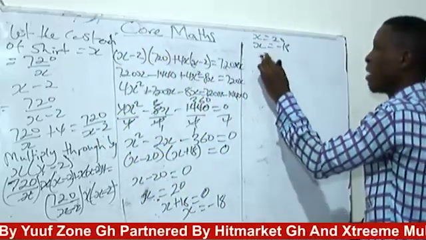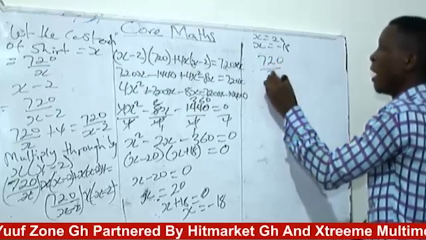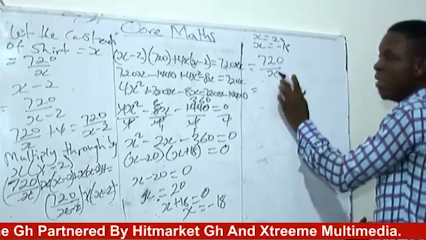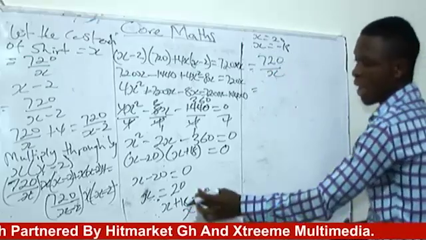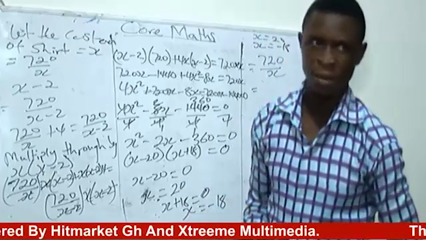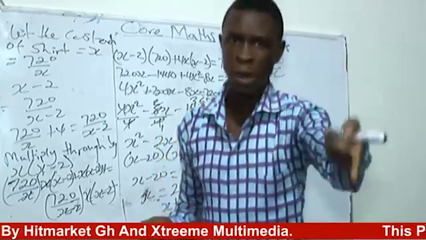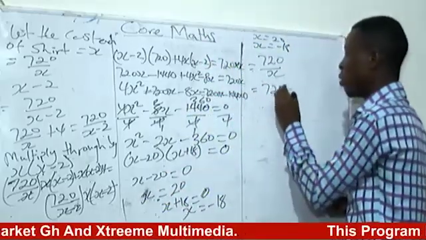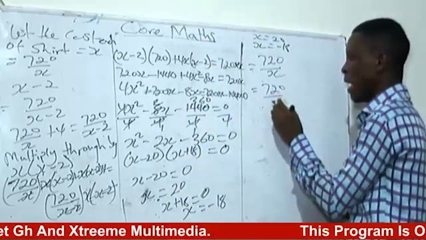So we are going to take the 720 over s, and we know that our s is 20. We are taking the 20 because the cost of the shirt can never be negative 18. Please, we can't pick the negative value. We rather pick the positive value. So now we have 720 over s.